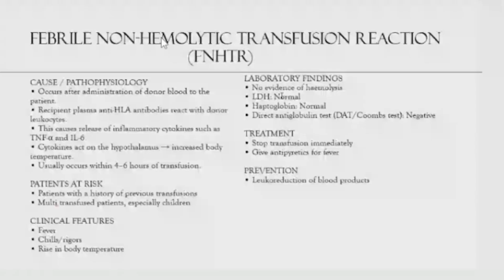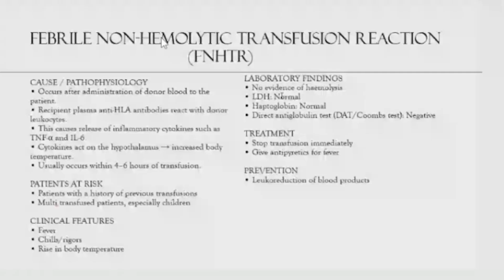So now, as the hemolysis has not occurred, the person's lactate dehydrogenase or LDH is normal. Haptoglobin is normal. Haptoglobin is present in the serum. Whenever a red blood cell undergoes hemolysis, it releases hemoglobin, and that hemoglobin will be present in the serum. But here, as there is no hemolysis occurring, the haptoglobin is normal.